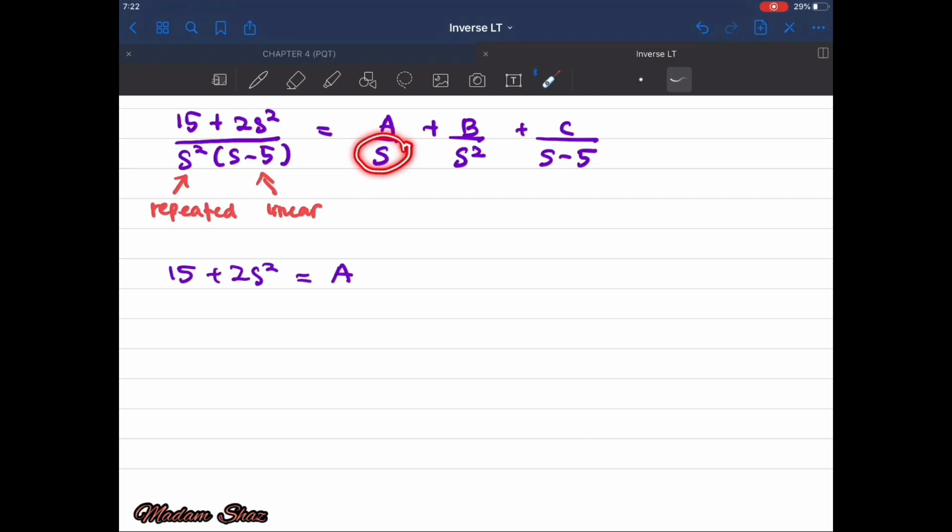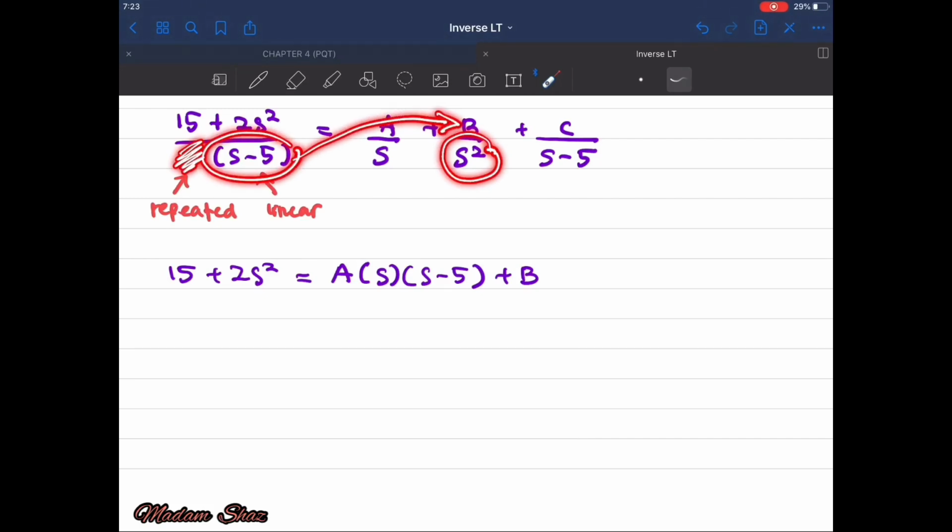So we will close s with the power of 1. The things that are still open, which are s and s minus 5, will be multiplied with A. So A multiplied with s, multiplied by s minus 5, plus B. B is divided by s to the power of 2. So we will close s to the power of 2. So s minus 5 will be multiplied with B.